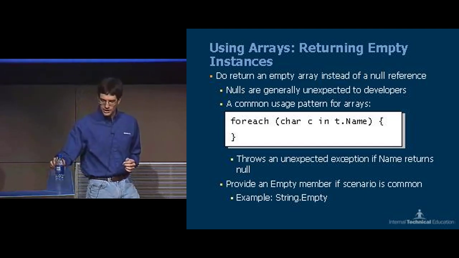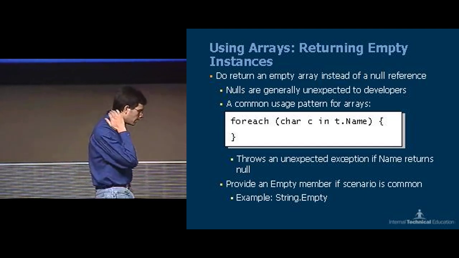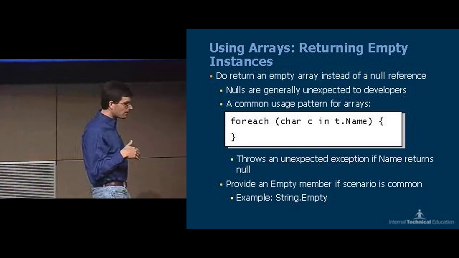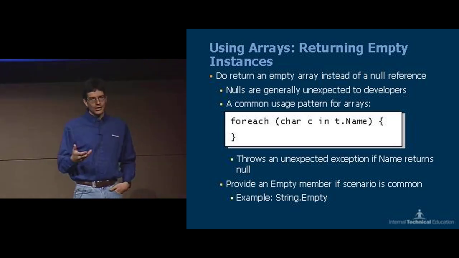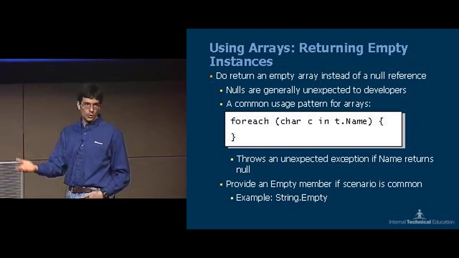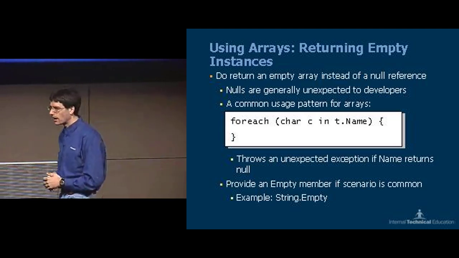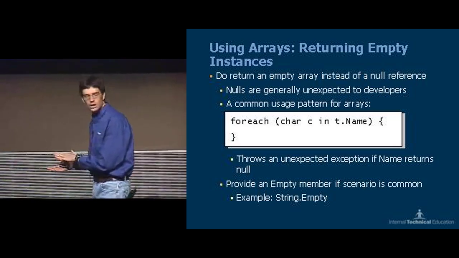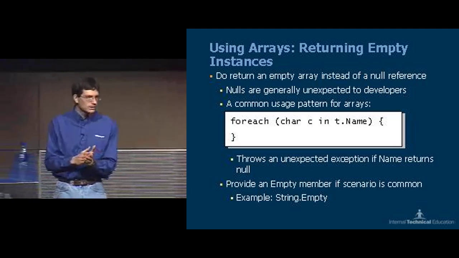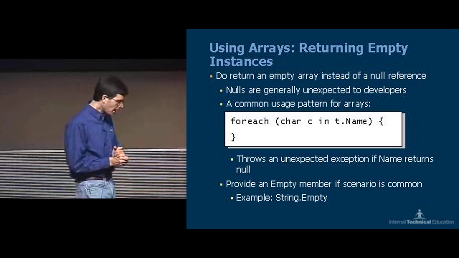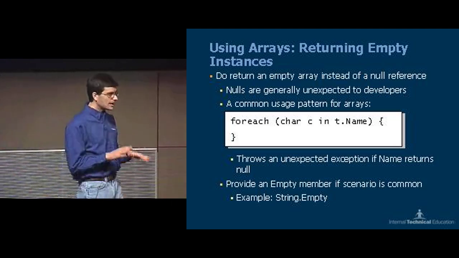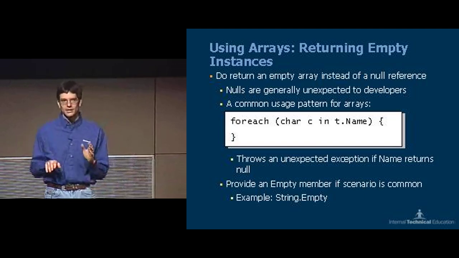Okay, so this is a question I get asked a bit: if I have a property or a method that returns a collection or an array, and there are no items in that collection or array, should I return null or an empty array or an empty collection? Essentially the argument is a perf versus productivity kind of argument.